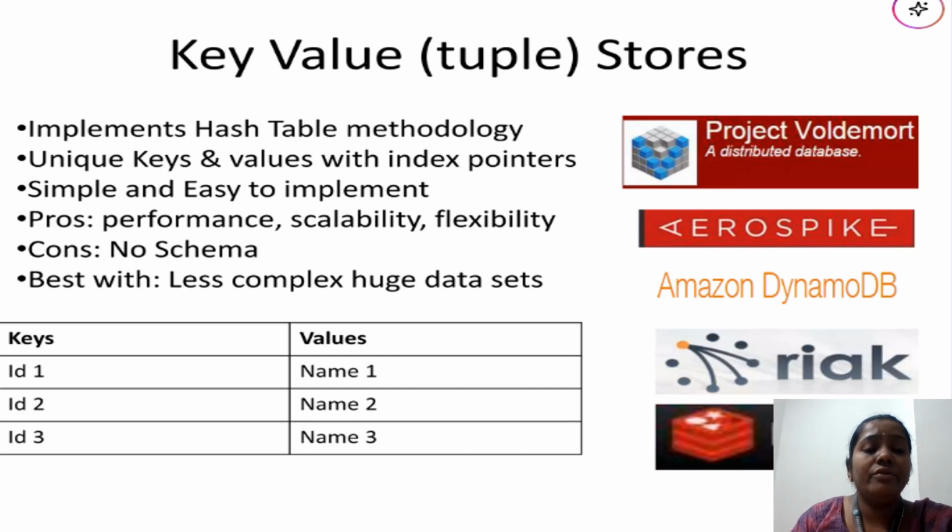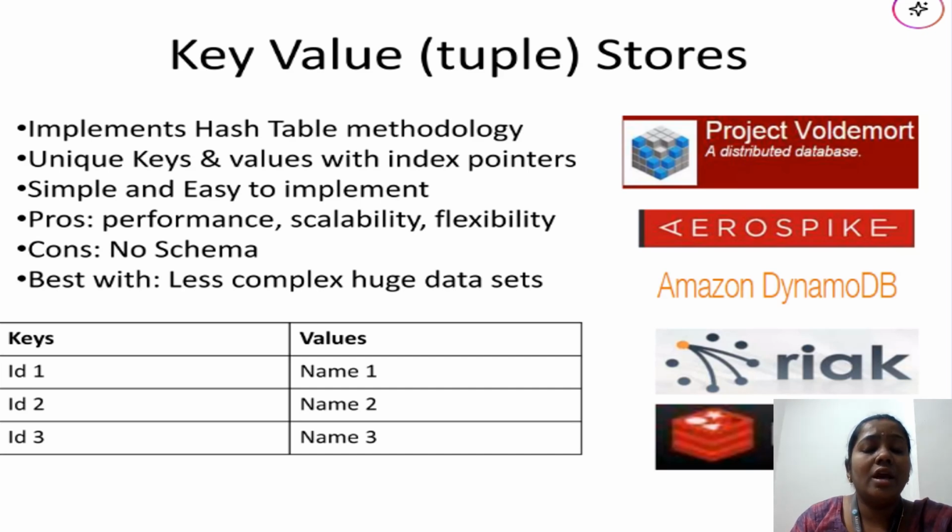When we go for these key value tuple stores, we have advantages such as increasing the performance, scalability and flexibility of your databases, and it also maintains your schema in such a way that the performance of your records will be improved. It supports two types of scalability, vertical and also horizontal scalability, and it is also very flexible to the users.